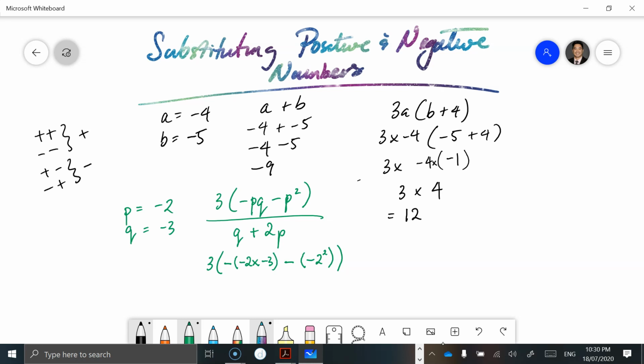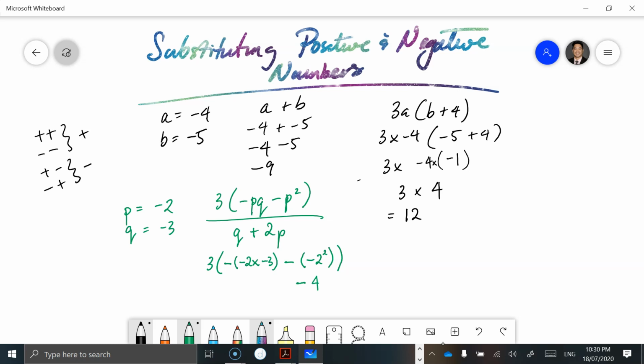So p is -2, and we're going to square that. So -2 squared is 4. Then we want the negative of whatever that was squared, which is now minus 4. Now in this case here, we want the negative of p times q.